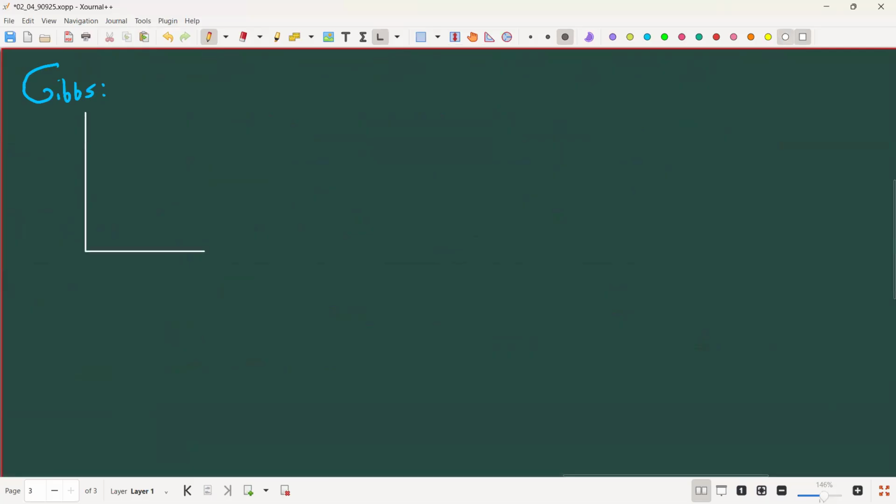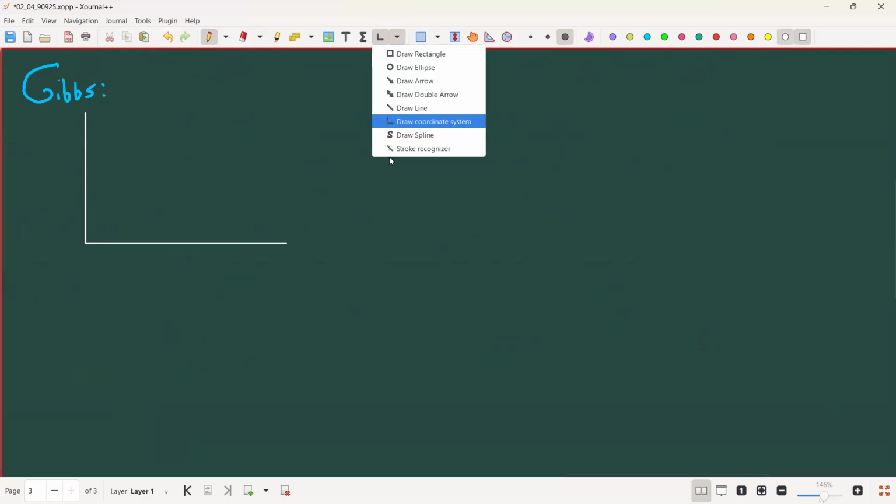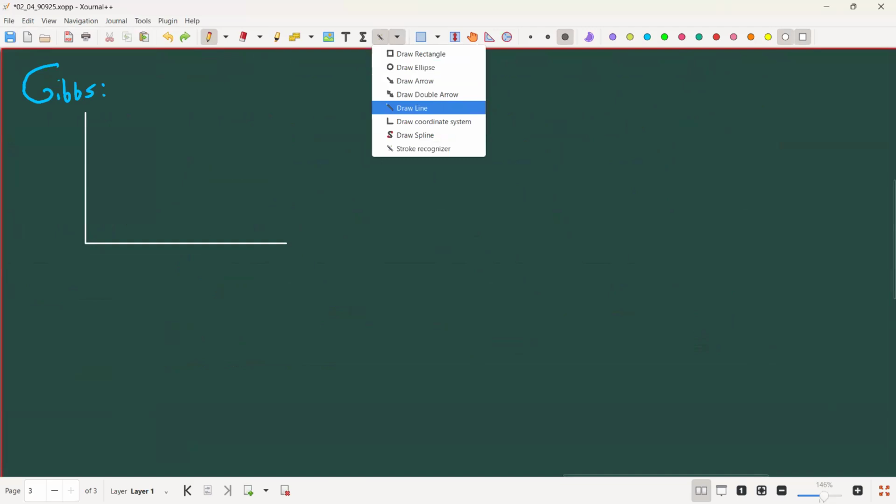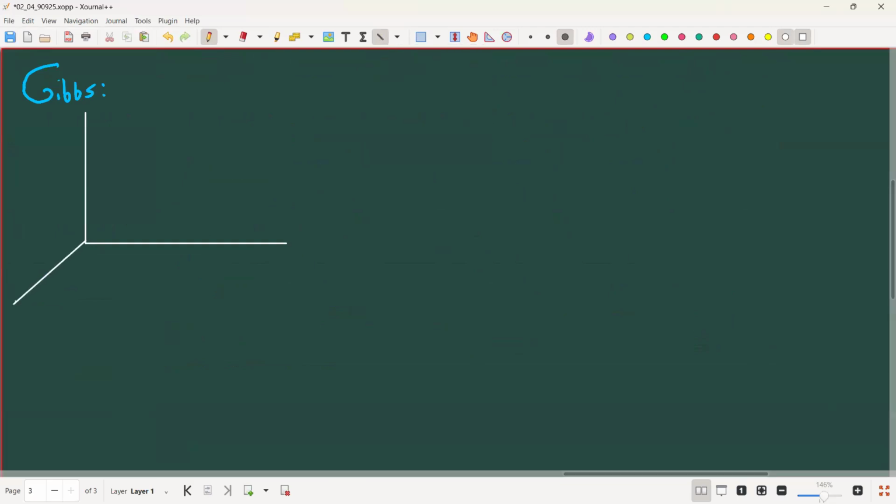So in Gibbs's formulation, what Gibbs is doing is he's plotting, very simply, I'm doing it in 3 dimensions again, a function, u, that is a function, say, of v and s.